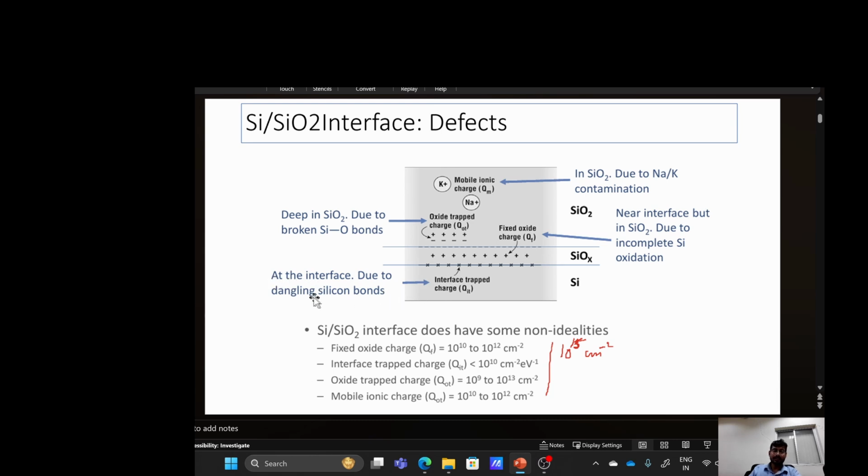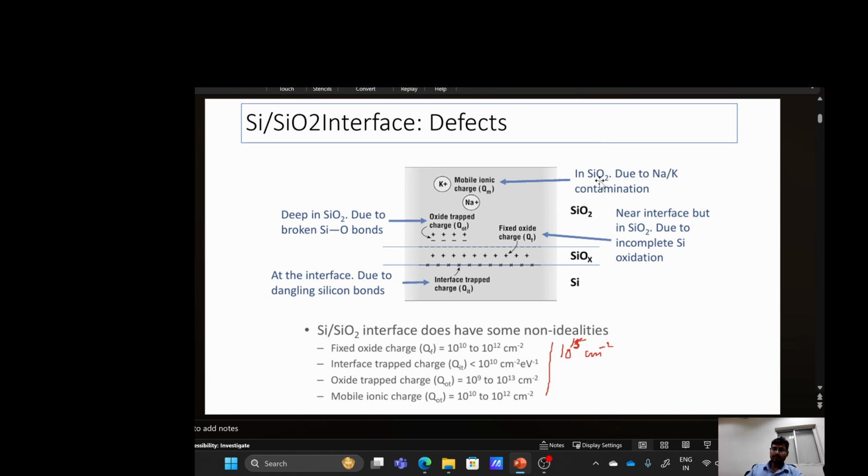Because of the unsatisfied silicon bonding, these defects originate. Another one is SiOx: these defects are near the interface but inside the SiO2, because the stoichiometric configuration is not proper. It is not SiO2 but SiOx, where x may vary between 0 and 2.